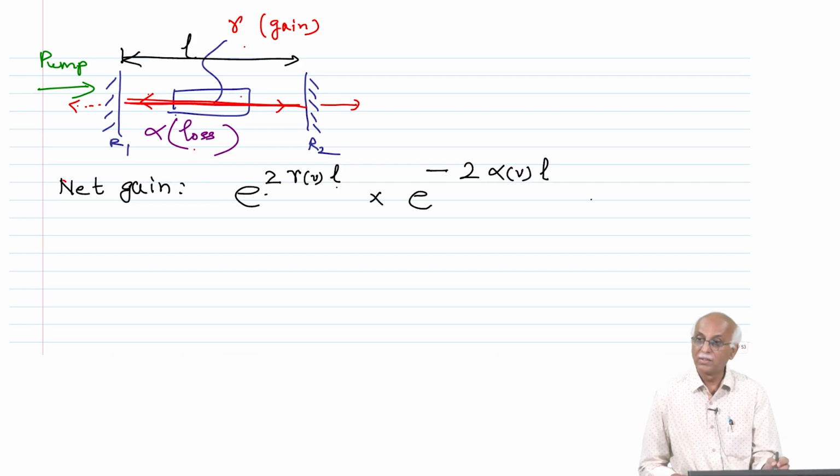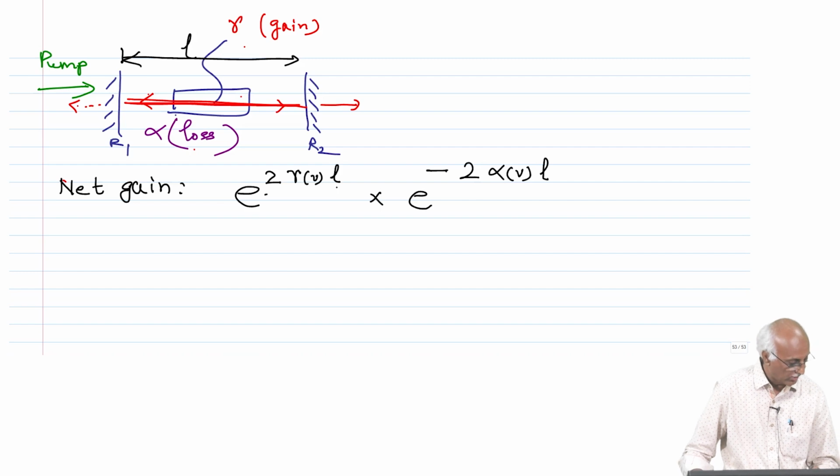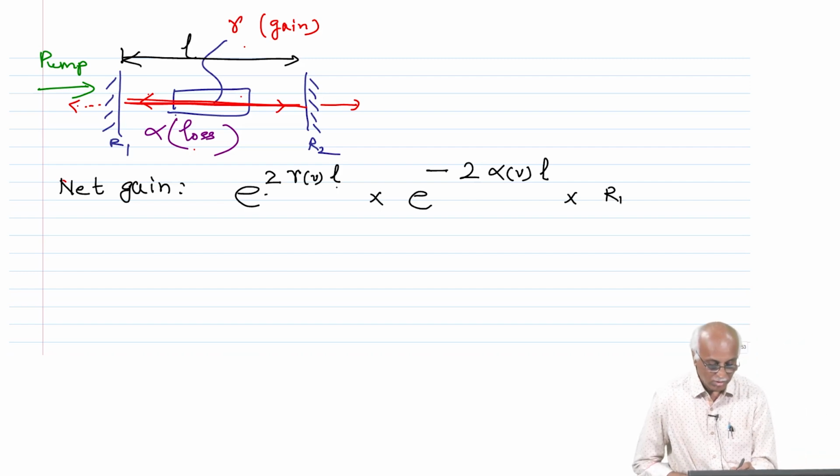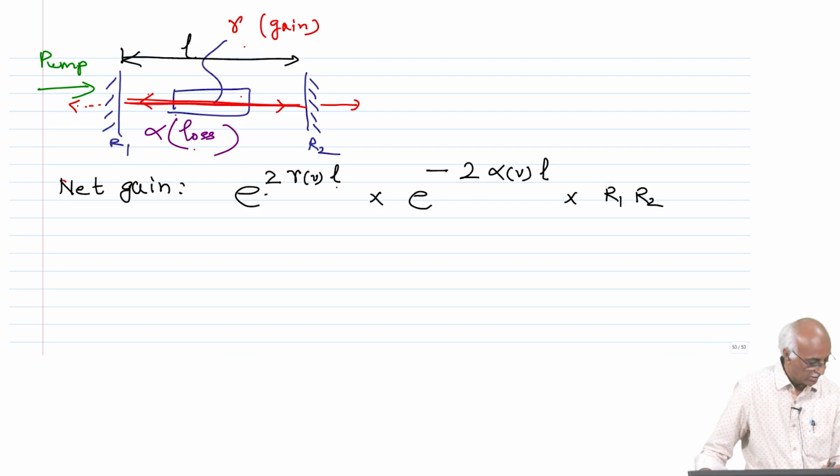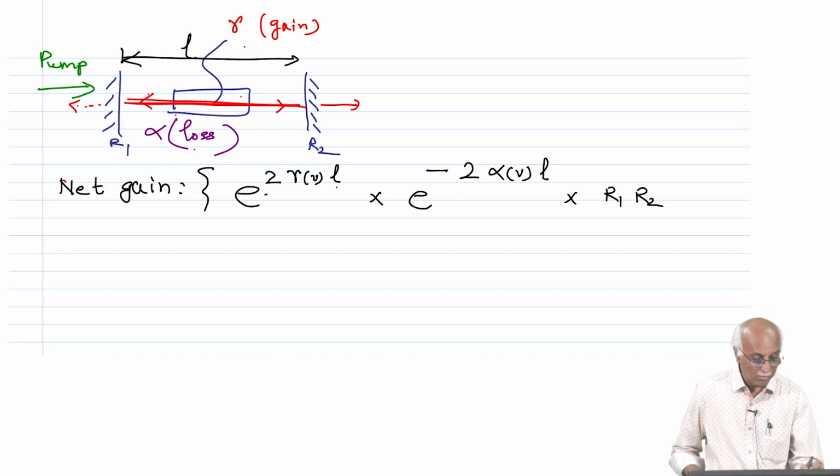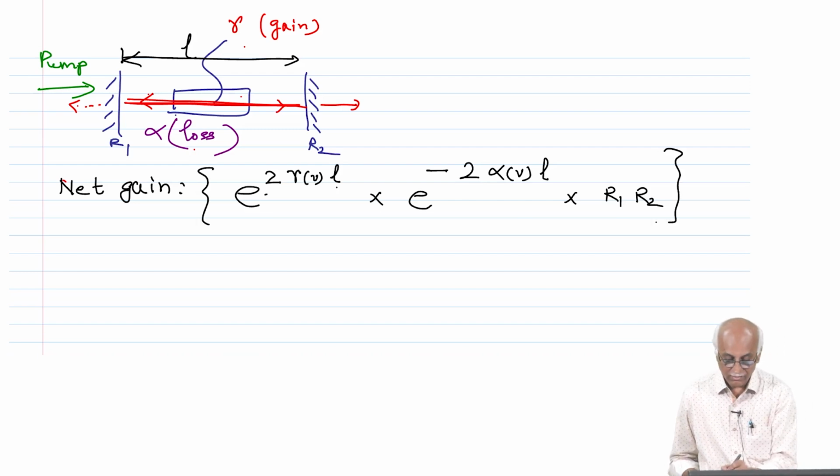This is the loss factor, which is coming into R1 R2, the reflectivity. This will determine the total gain.